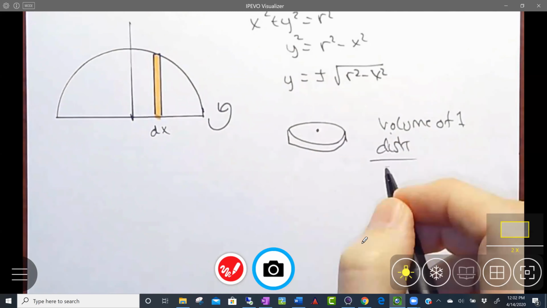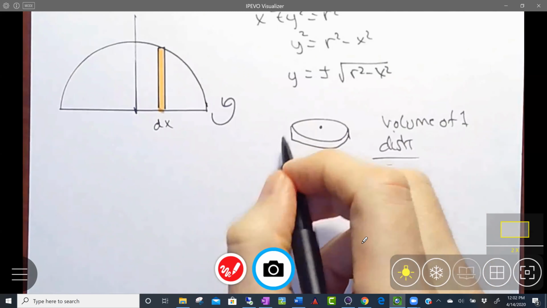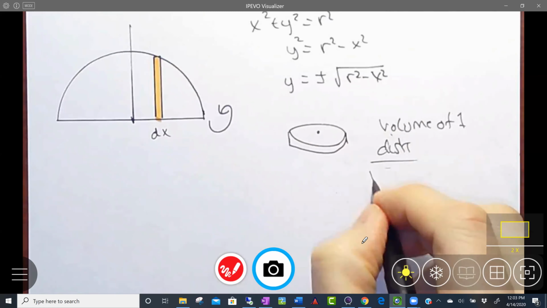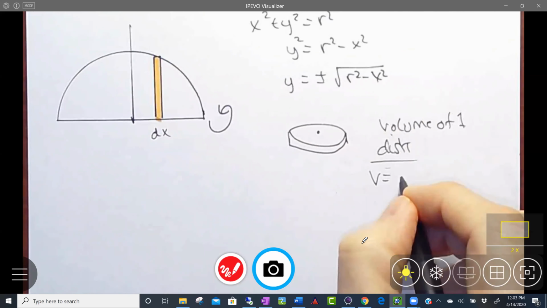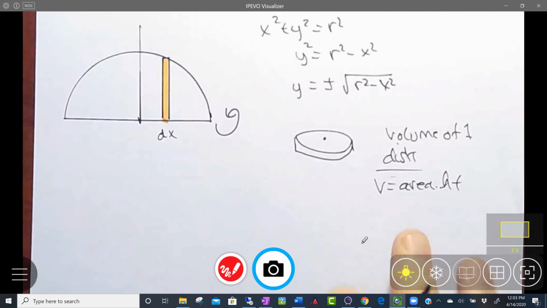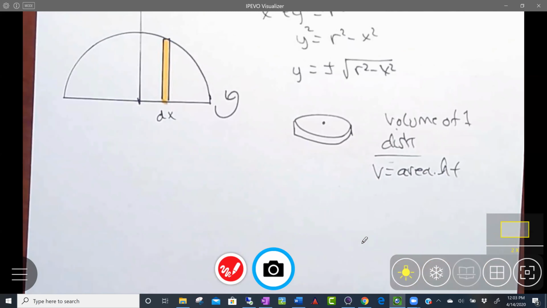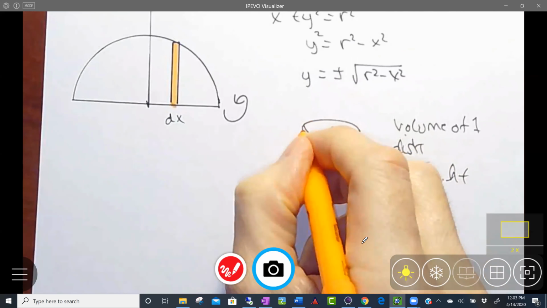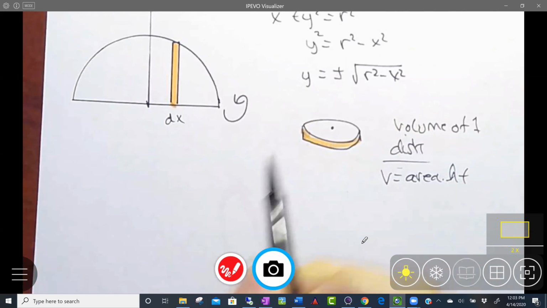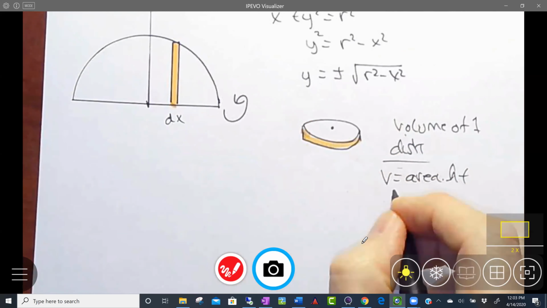So let's see, the volume of one disk, well, I can think of that as a very short cylinder. And the volume of a cylinder is the area times the height. So what's going to be its height? dx. There you go, dx.